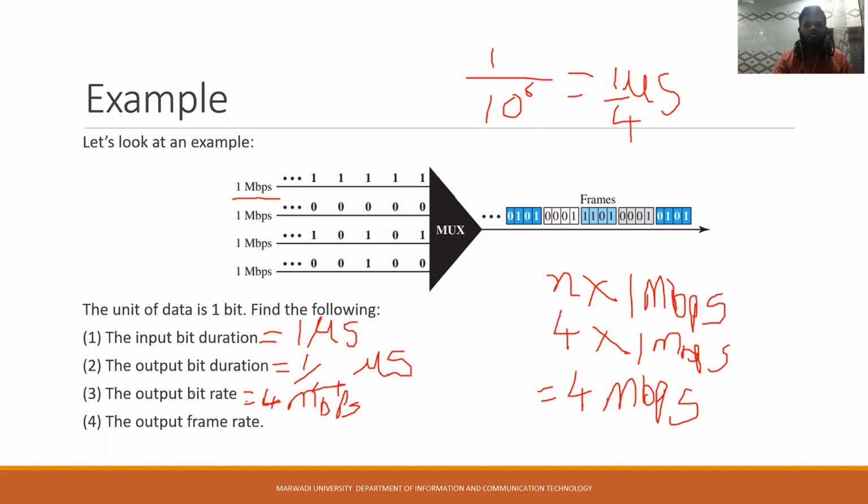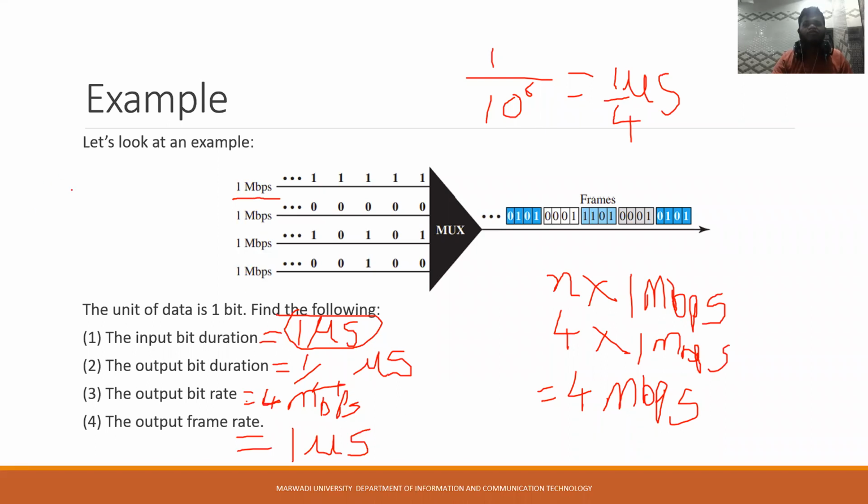So what would be the frame duration? It would be 1 by 4 microsecond multiplied by 4, that is 1 microsecond, or we can directly take the input duration. So we have a frame duration of 1 microsecond, which means that in 1 microsecond, it is transmitting 1 frame.